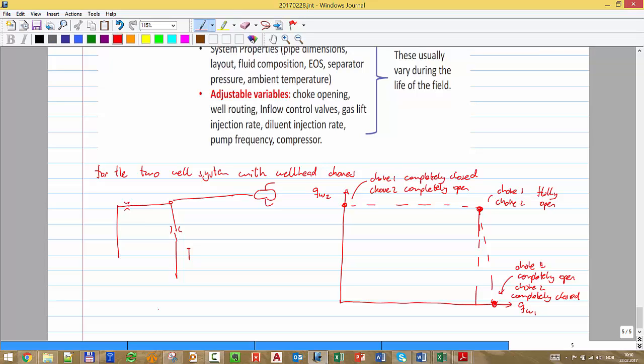But then if you do any case in between, okay, for example, you leave that one open, okay, and you start opening the other one gradually, open and open and open and open, you will see that you generate a region of rates.